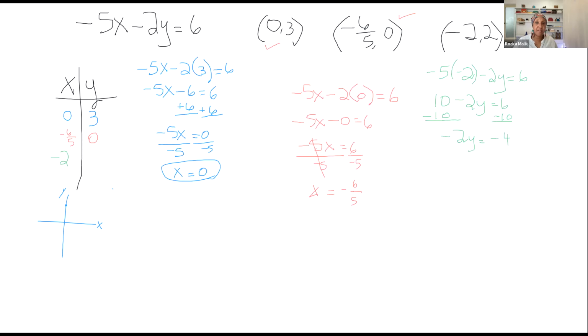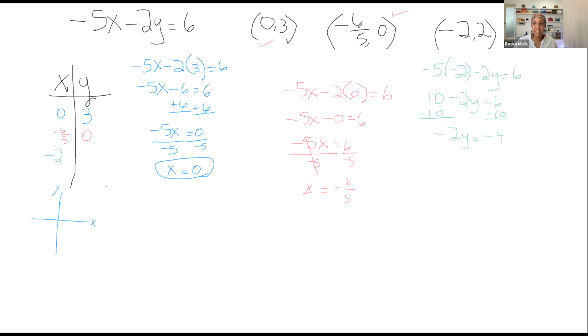I want to divide this side by negative 2 to get rid of this. And I'll do the same to the other side. Y equals positive 2, which means this also works.